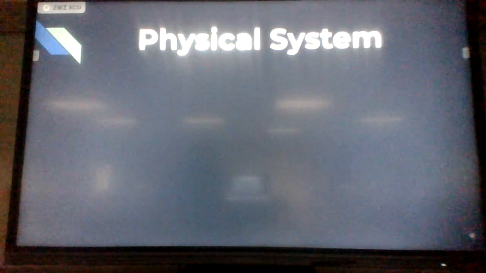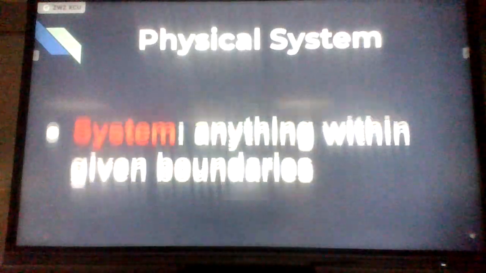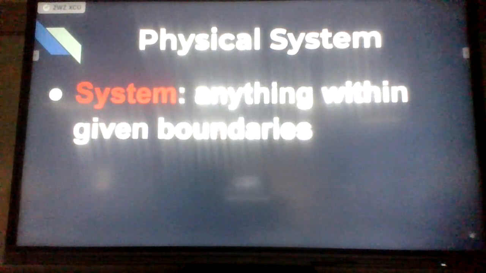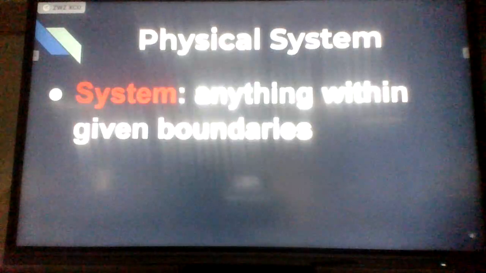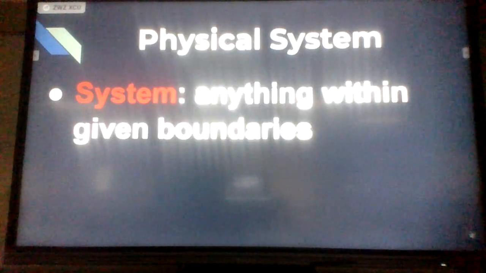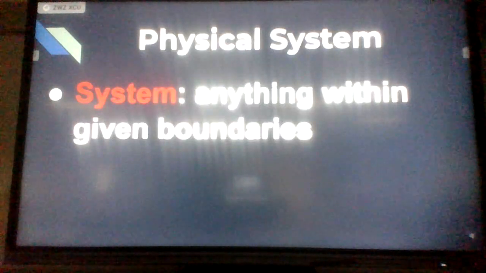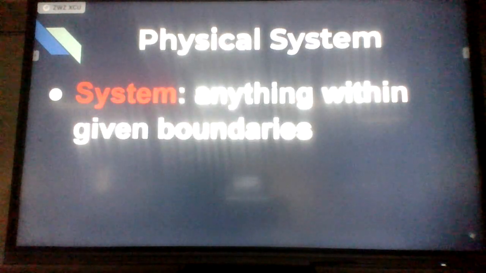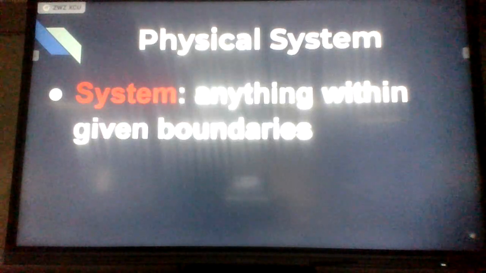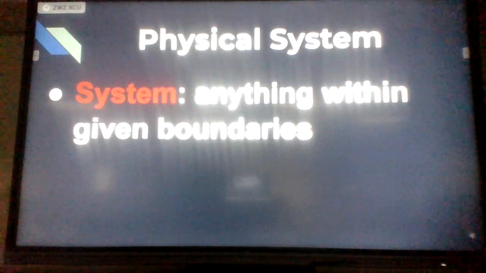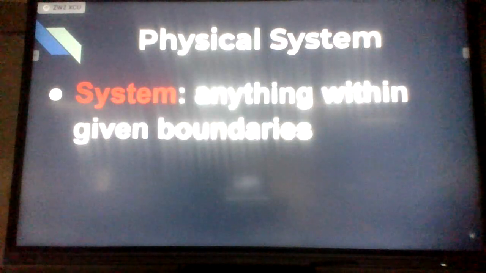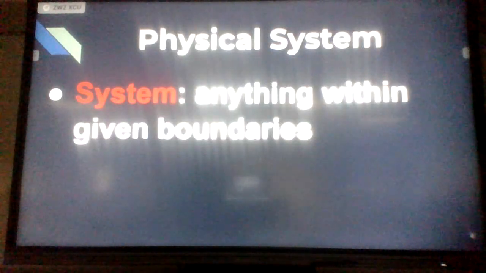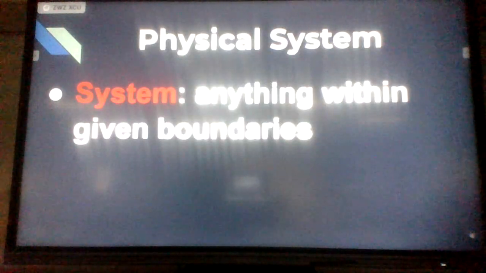What is a physical system? Well, we get to define the system as anything we want. We get to set the boundaries. So let's just say this classroom is our system. I can observe anything that is in the classroom, and something that's not in, that comes in, I can then observe. So people in the hallways making sounds, if those sounds come into the room so I can hear the sounds, then those sounds become part of our system because we can observe.